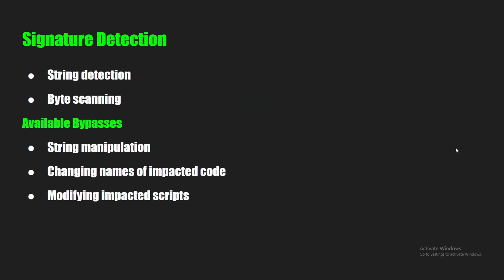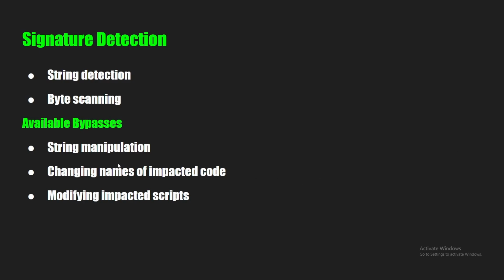To start off, signature detection: we're referring to string detection and byte scanning. If you're using certain commands in a certain way, or certain strings in your script, such as mimikatz, or default function names like Invoke-Mimikatz, it's going to get detected, because the AMSI module is aware of these and they're all stored, so you're going to have to obfuscate those names.